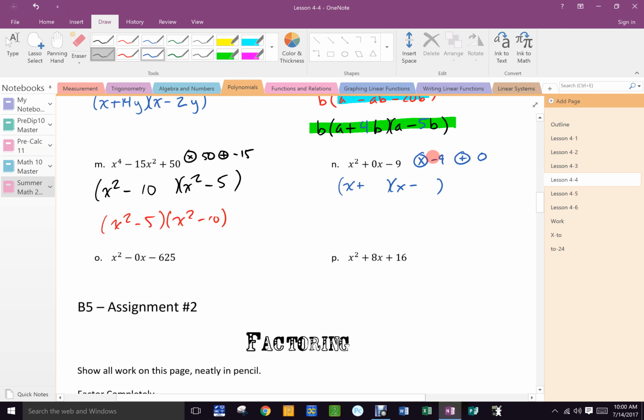Now I need numbers that will multiply to 9 and add to 0. It's got to be 3 and 3. Everybody cool? Okay, so what's this one going to be? X and X. Now you should notice something. What do you notice about 9 and 3? Square root. So what do you think goes here? Right. Minus 25, plus 25. What about this one?